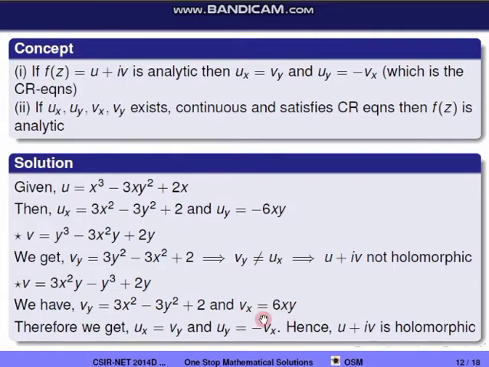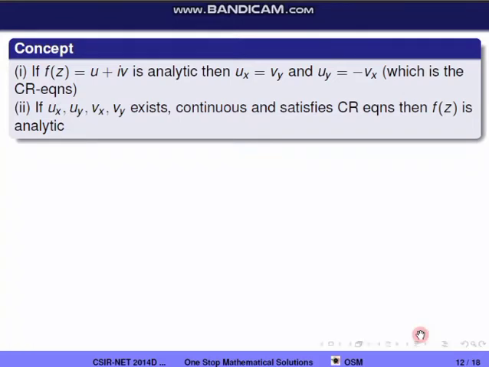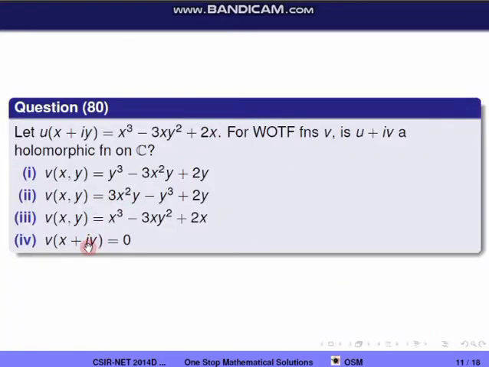So we are getting here u y is equal to minus v x. So it is satisfying the Cauchy-Riemann equations. Therefore, u plus iv is becoming an analytic function, that is a holomorphic function. So the second option is correct. Similarly, you can check it for the third and fourth options. They are not going to satisfy the CR equations. So the correct option is the second one.